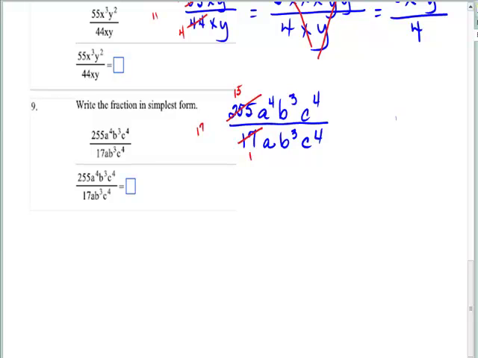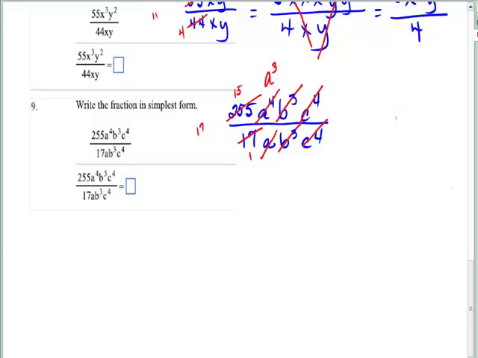Well, you can, and I will in just a minute. But many people would see c to the fourth, c to the fourth, those divide out. B to the third, b to the third, those divide out. Now what about the a's? You've got a to the fourth over a. The a on bottom knocks out one of those a's, leaving you with a to the third.